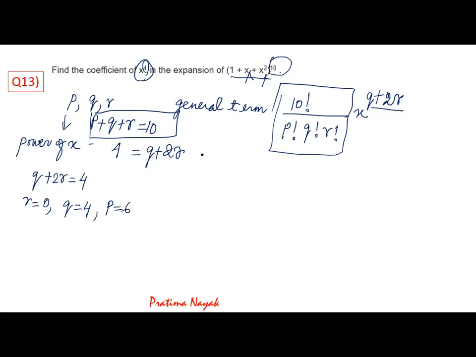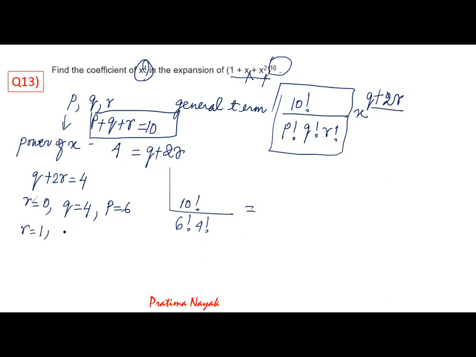That means the coefficient of x to the power 4 will have this first one. There may be many terms where we'll get x to the power 4. So first the combination will be r 0, q 4 and p 6. Then it will be 10 factorial by 6 factorial into 4 factorial. 0 factorial is 1, I'm not writing it. Then the second combination, I'm getting r is equal to 1.